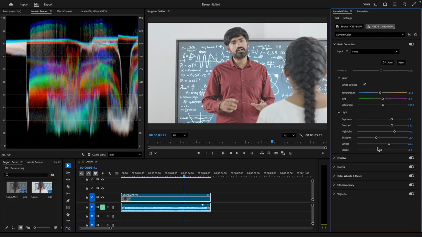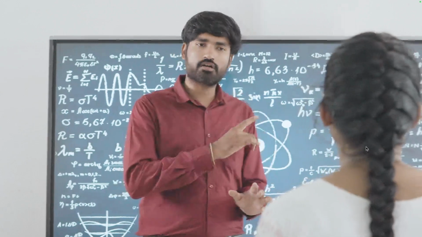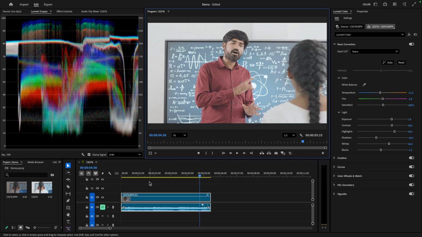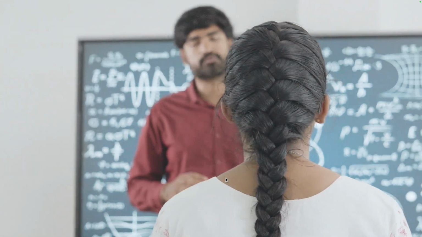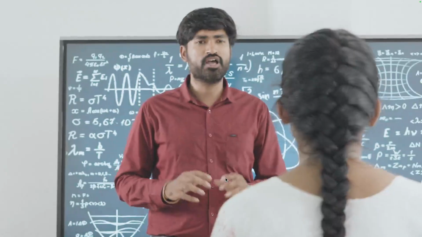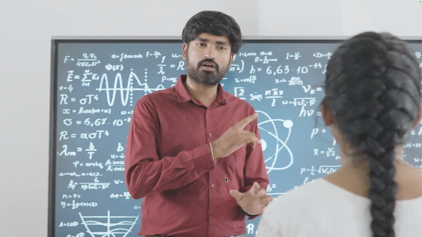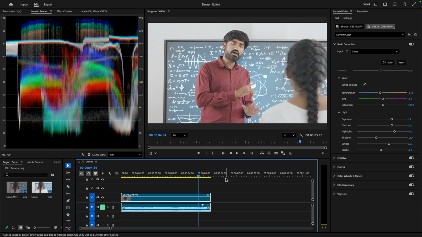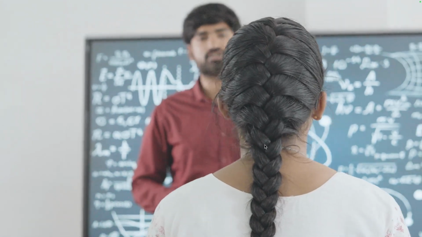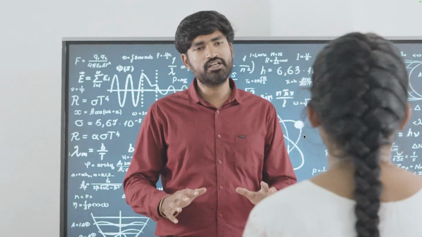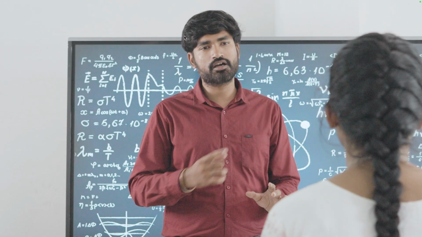That's it. If you observe, this is the very perfectly balanced footage. Now you can look, there is a very natural way to edit this video. Very natural colors you can see here. Every detail is preserved.